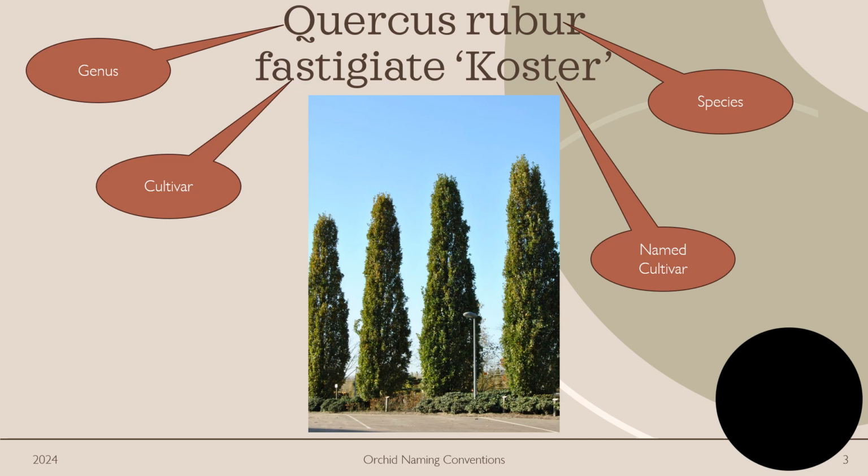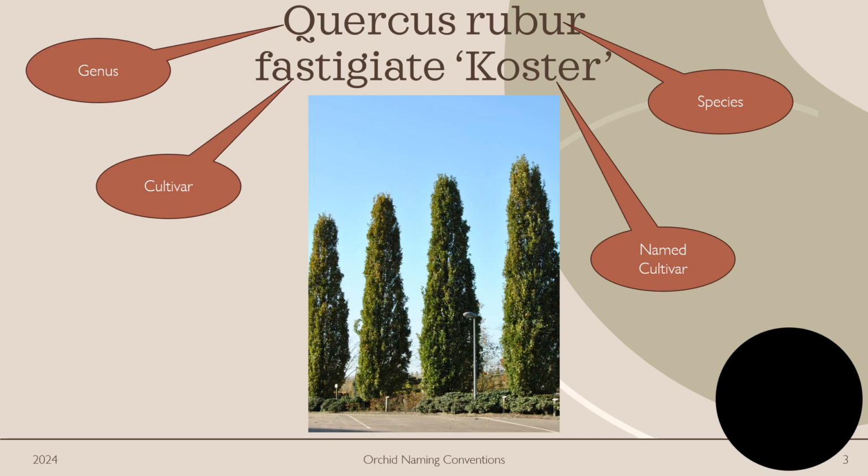Here we have an example of a tree called Quercus rubra fastigiate costa. Quercus is the genus for all oak trees. Rubra is the species name. In this case, rubra is the English oak.